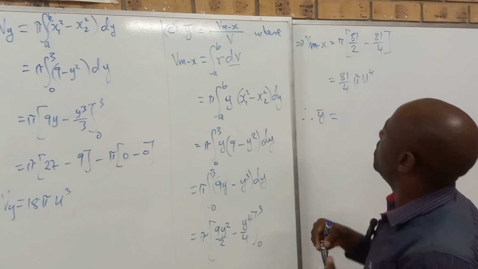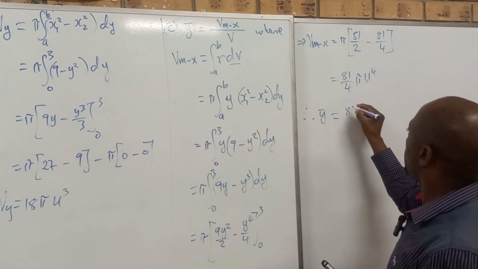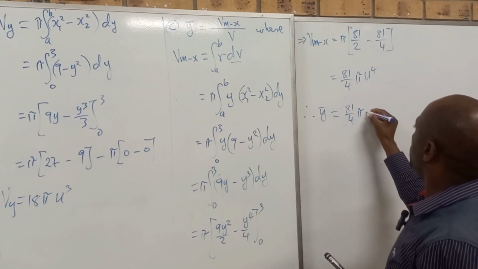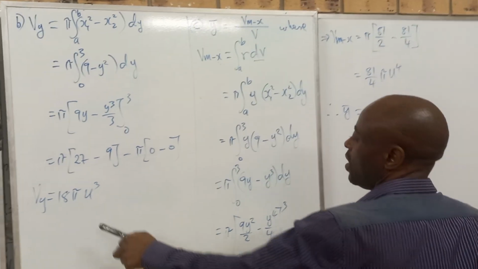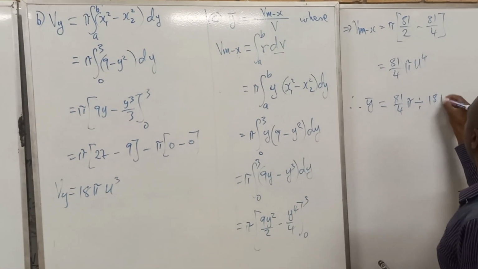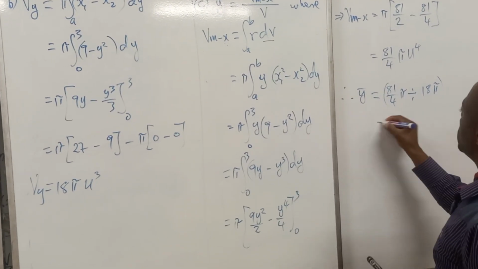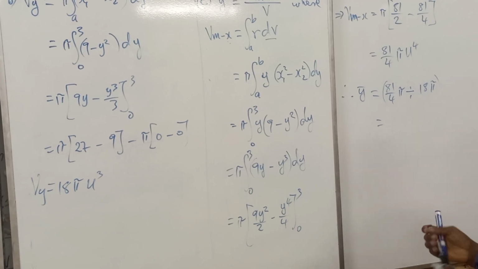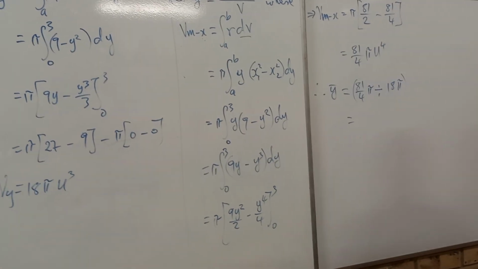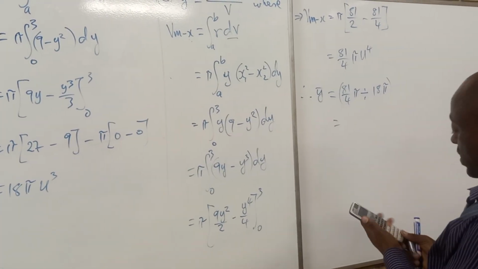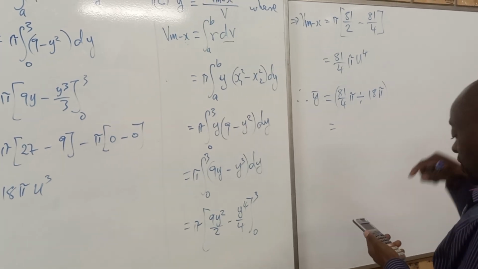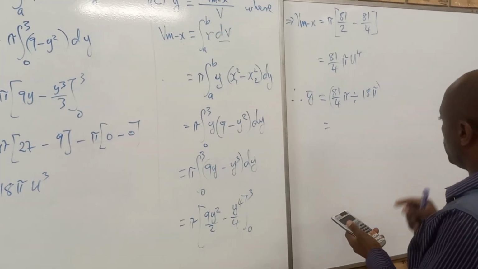Therefore y bar, as you can see from the definition, is the volume moment about x, 81 over 4 pi, divided by the volume. The volume was 18 pi. Once we do that division, we should get the y-ordinate of the center of gravity, or the distance of the center of gravity from the x-axis.